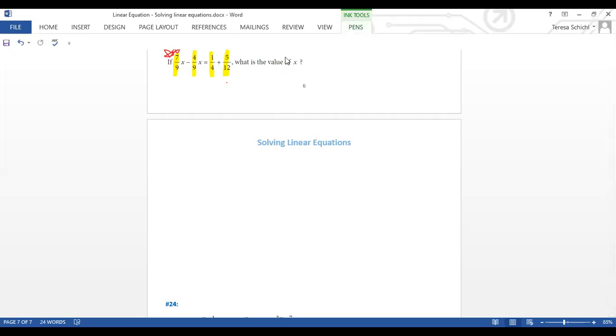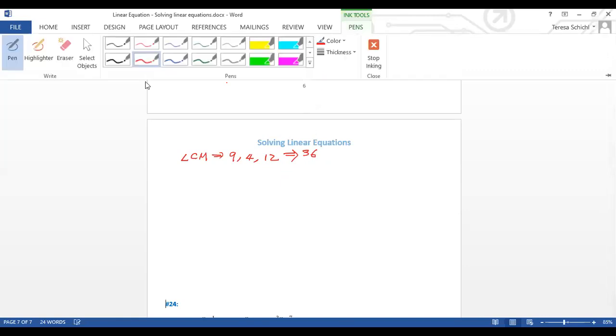So how do I get rid of these fractions? By finding the least common multiple of 9, 4, and 12. So what is the least common multiple here? It will be 36, right? So 36 will be the least common multiple.